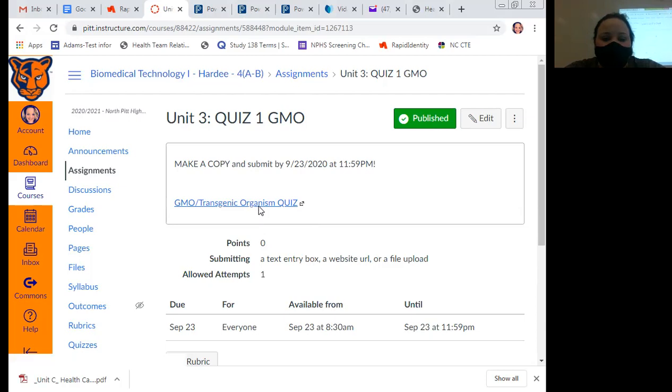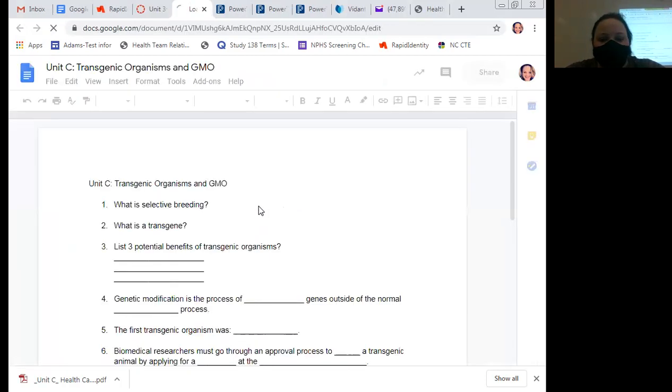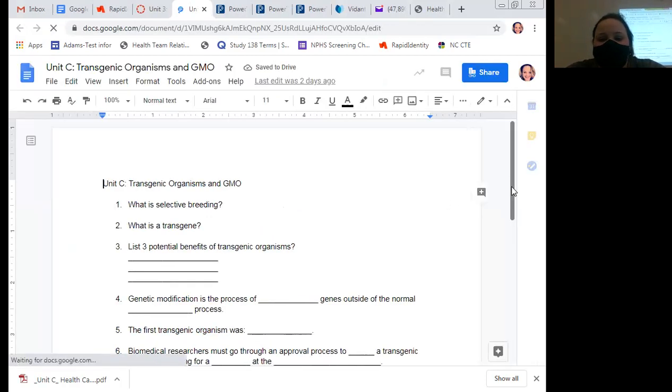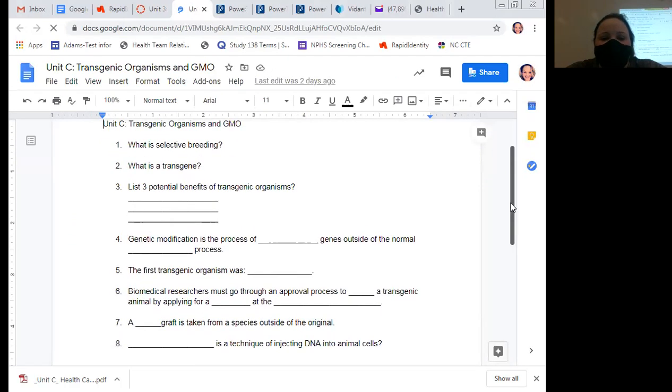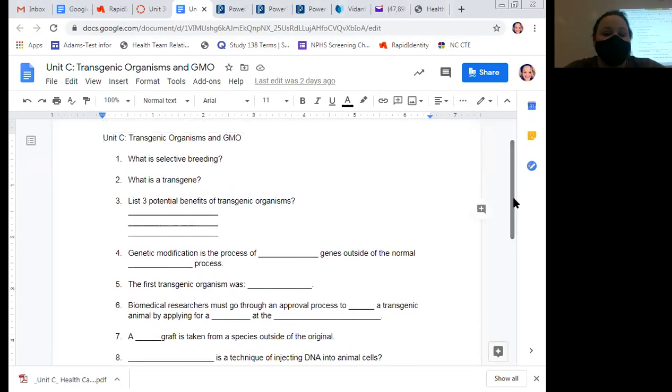Okay, so GMO and transgenic organisms quiz. So what is selective breeding? Okay, so selective breeding is basically picking two parents for certain characteristics and breeding them together to continue that selective characteristic that you've chosen.